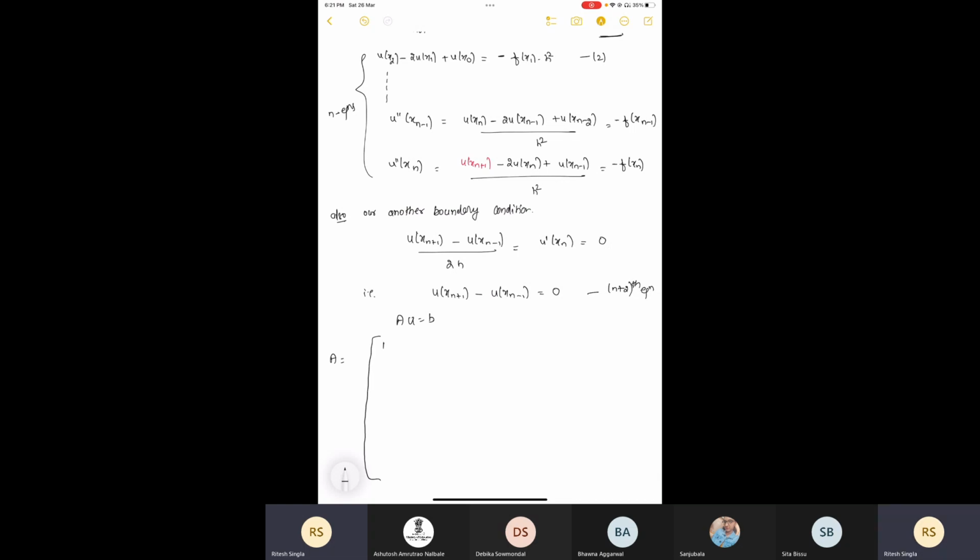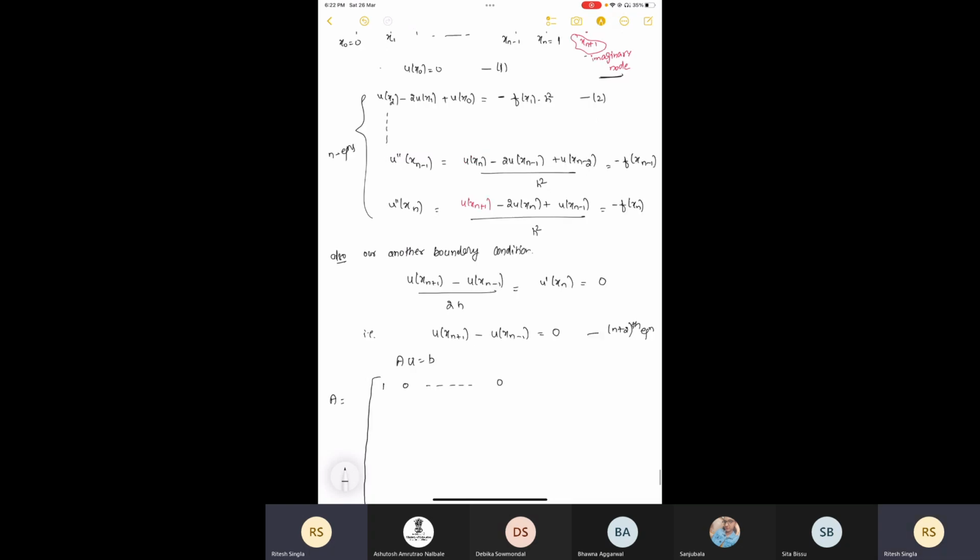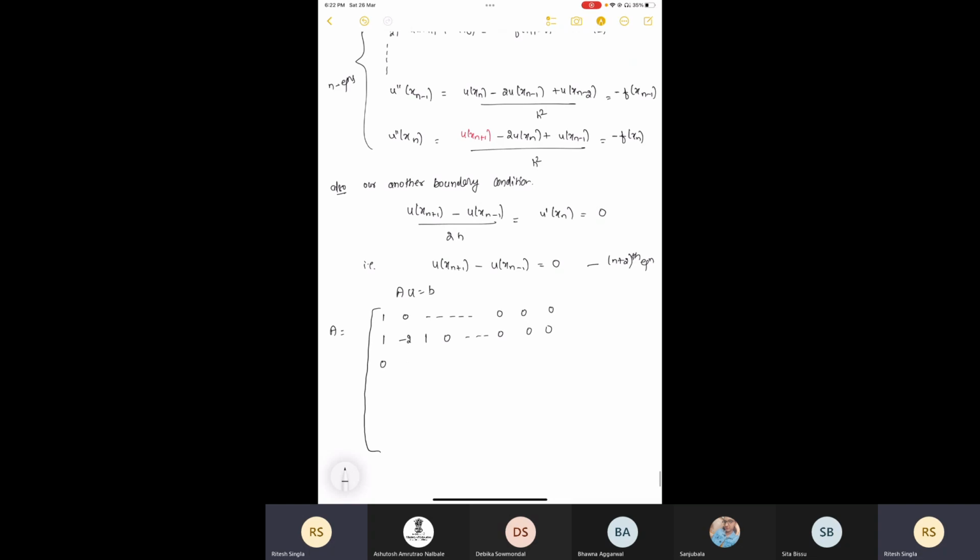It will be 1, 0, and so on, 0. Then for this equation, it will be 1, minus 2, 1, 0, and so on, 0. Then for the next one, it is 0, 1, minus 2, 1, and so on, 0, 0, 0. And we will go like this.